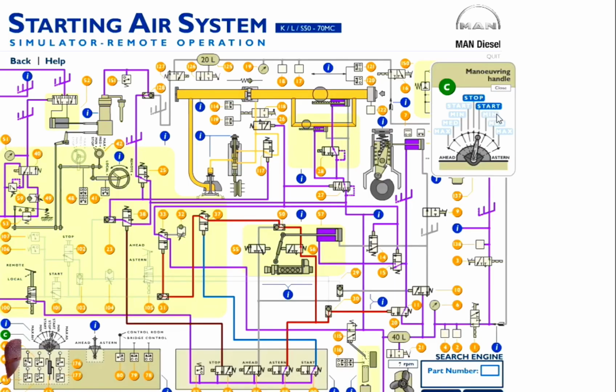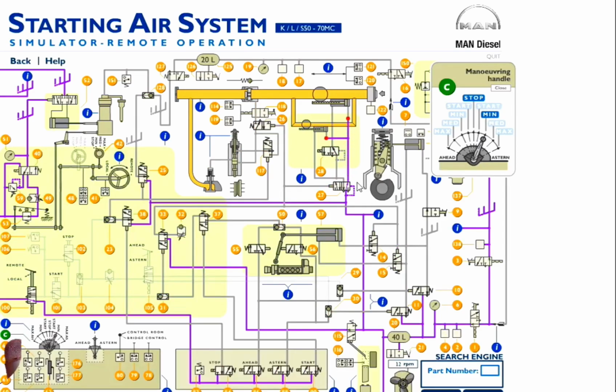Start, when RPM increased, we can set to minimum. Okay, the RS is closing, and the governor gives fuel to our engine. So again, stop signal travels here, will go here, and one part will go also here to the air distributor to secure that is closed, and also to the puncture valve.